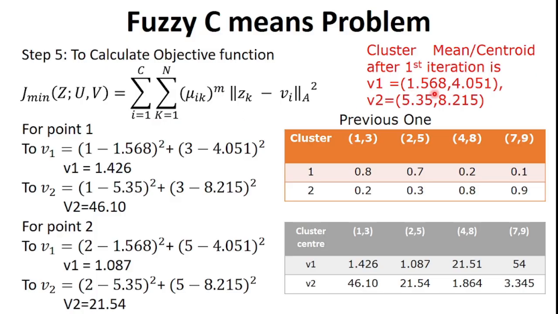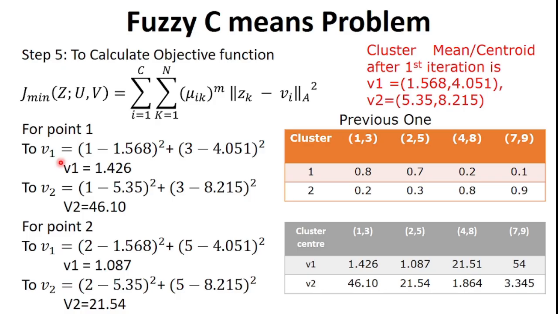We know the cluster mean of two clusters, V1 and V2, and we need to calculate this Vi first. So this plays a major role: Zk minus Vi, the whole square, into A. For that, we need to calculate for the first point, all V values.